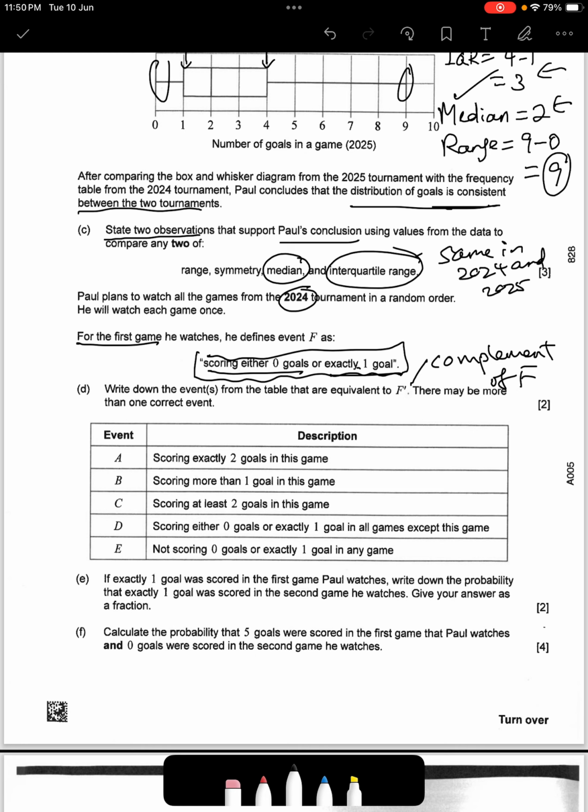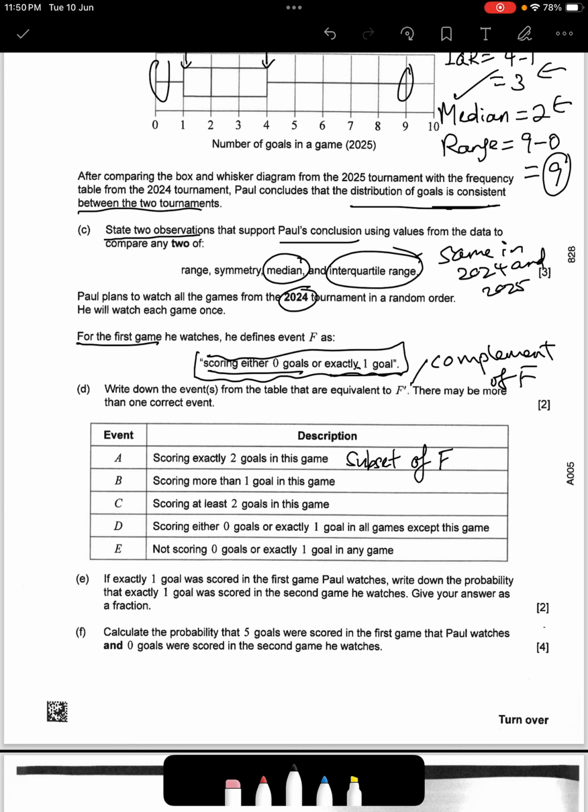So it seems like this is more like a subset of F. So A would be a subset of F rather than an F complement, because it does not consist of 3 goals, 4 goals, and 5 goals. Okay, so for event A, it's more like a subset of F. Okay, so this one is very, very tricky.